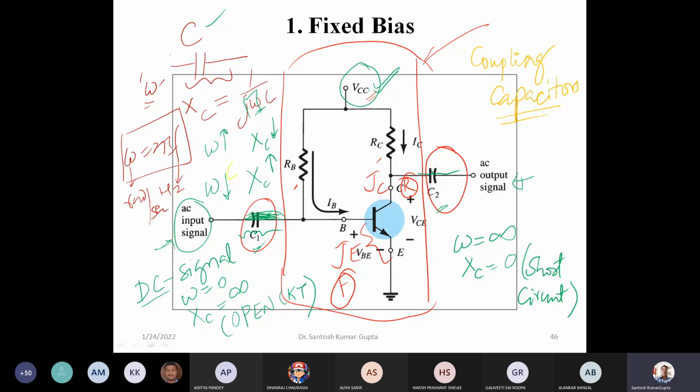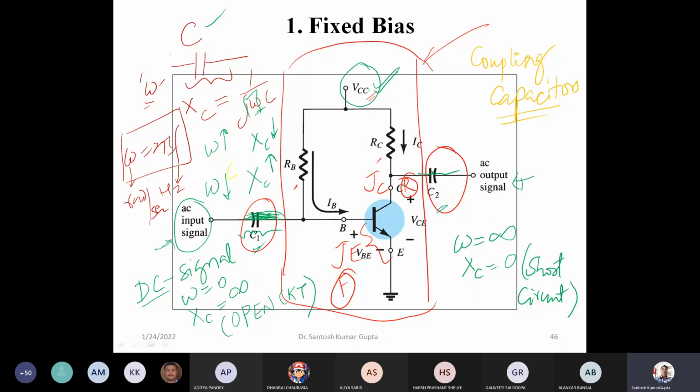So the effect of VCC is only within the regime of C1 and C2. Outside, it does not affect either the input signal DC values or the AC output signal values at the output. So C1 and C2 are used for this purpose.